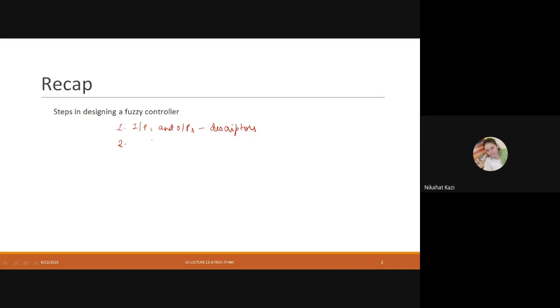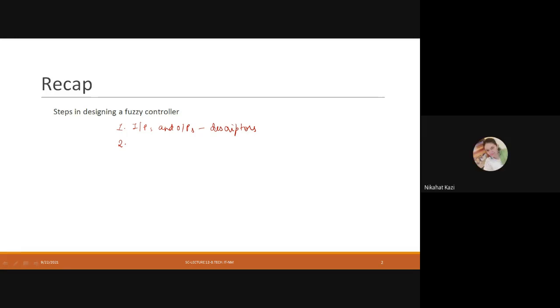Next step. Once you identify the inputs and outputs and the descriptors for the same, what do you do? Design membership.